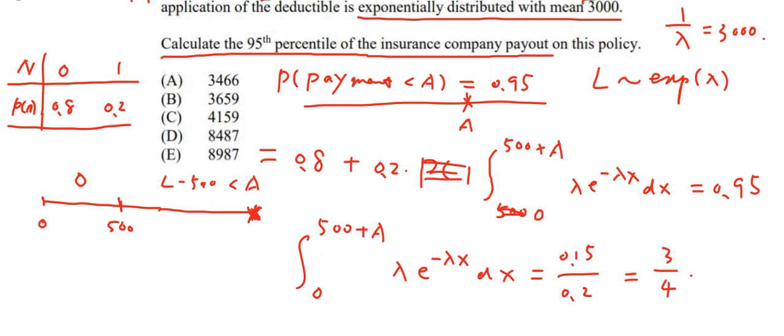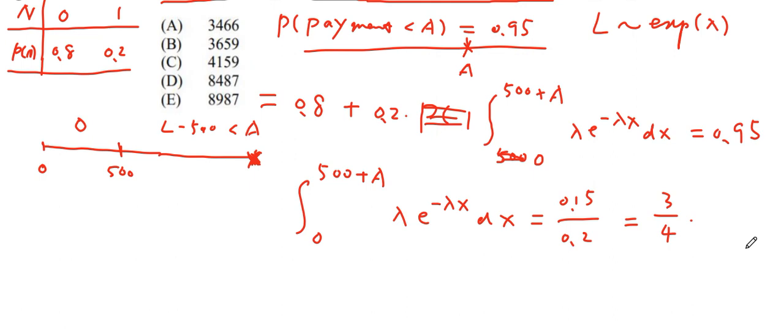Okay, so this integration, we apply the formula for exponential distribution. This is just equal to 1 minus e to the negative lambda times (500 plus A). So this equals 3/4.